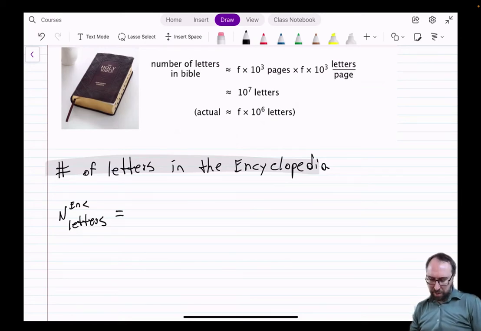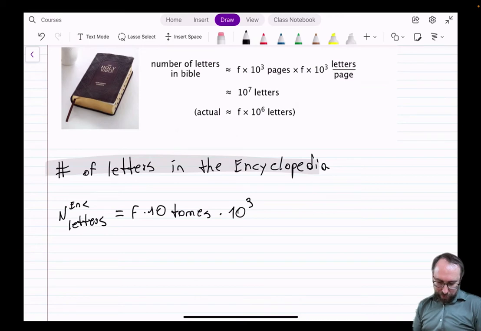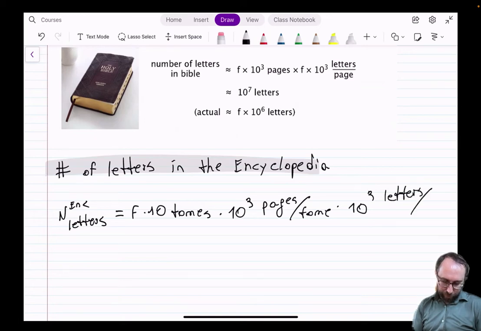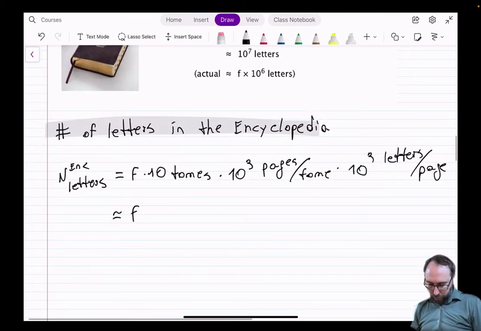There's on the order of maybe a few times 10 tomes, each one containing on the order of 1,000 pages per tome. And our estimate also tells us that we got 10 to the 3 letters per page. So this tells us that there's on the order of a few times 10 to the 7 letters.